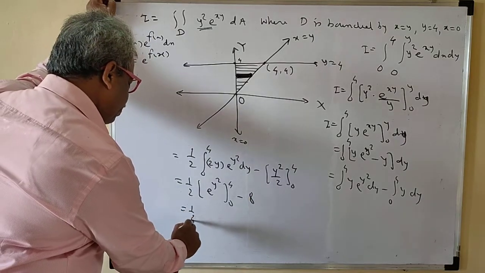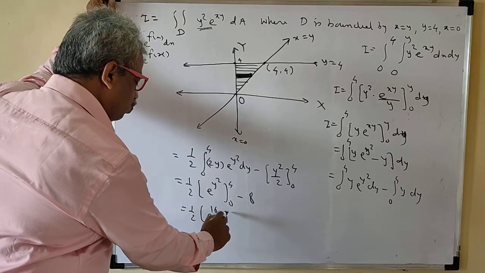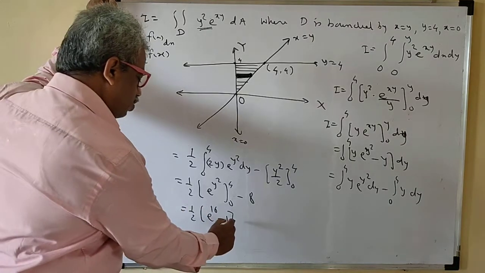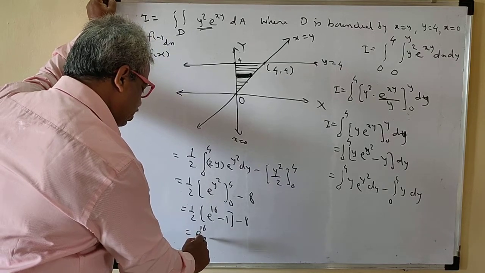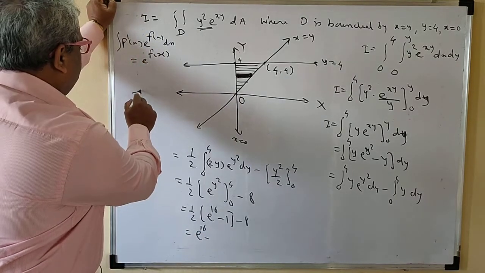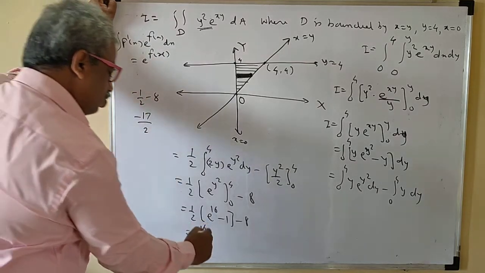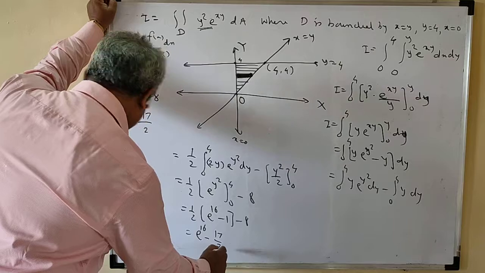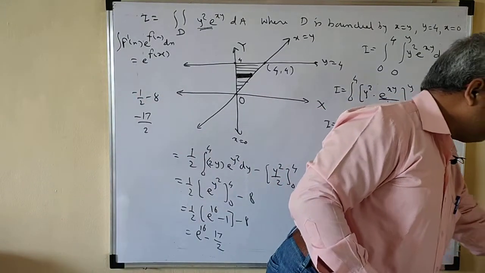So this is 1 half of e raised to 16 minus 1, since e raised to 0 is 1, minus 8 now. So this is e raised to 16 minus half, minus half minus 8. So minus 17 by 2. This is the required answer.